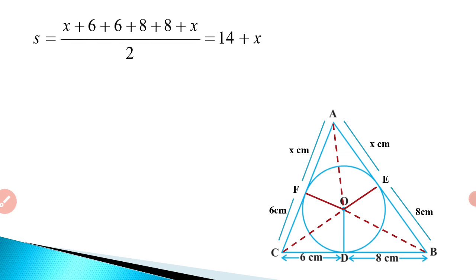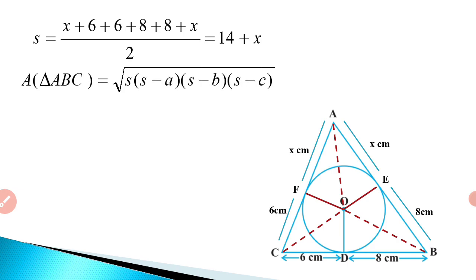Now let me use Heron's formula in the larger triangle, that is triangle ABC, wherein I am given the length of all the 3 sides. Here AC is x plus 6, BC is 6 plus 8 and AB is x plus 8. So let me find out S, that is semi-perimeter initially, which comes out to be 14 plus x.